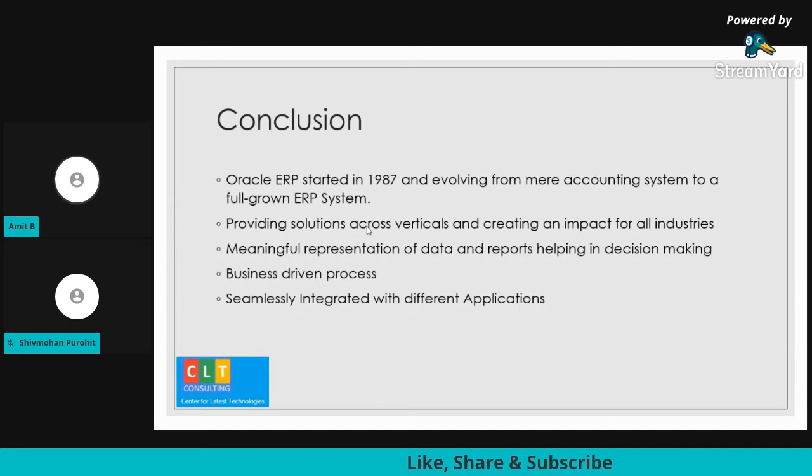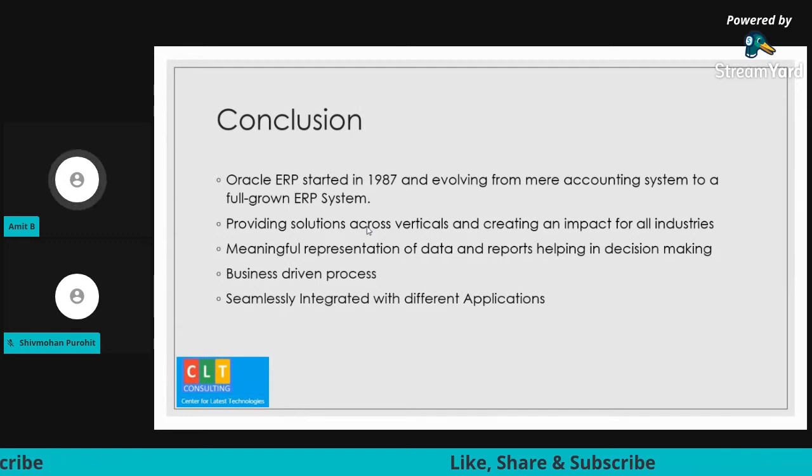So now with this we would like to conclude the Oracle evolution history. We saw it started in 1987 and evolved through different ages, different versions, and from a mere accounting system, it has become a full-grown ERP system.